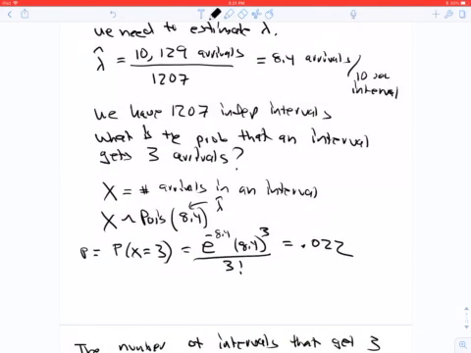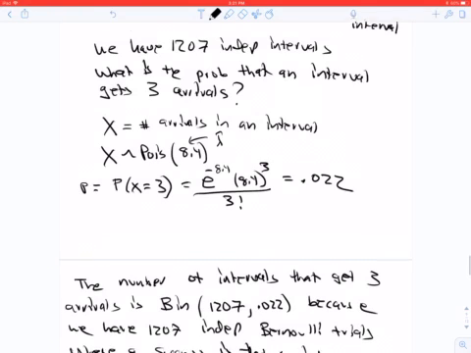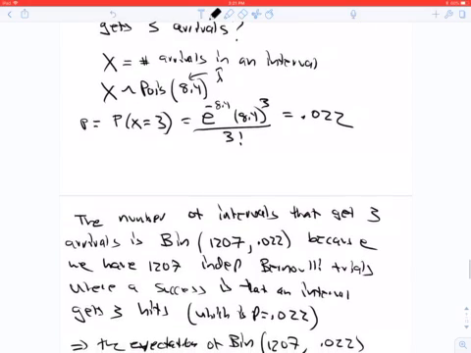So we have 1,207 independent intervals. What's the probability that an interval gets 3 arrivals? So that's something that you can calculate because you know that x is Poisson and you have an estimator for lambda, namely 8.4. So we can just calculate that using the Poisson distribution, and we find that this probability p is 0.022.